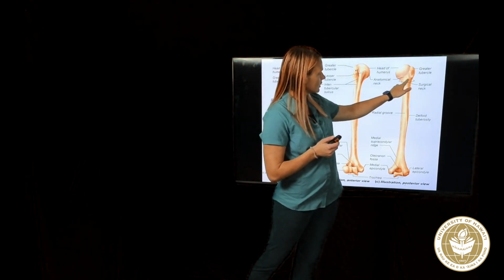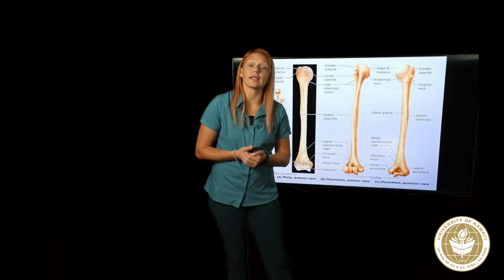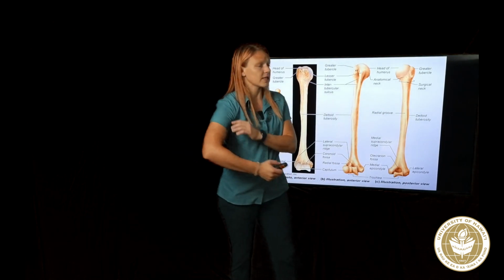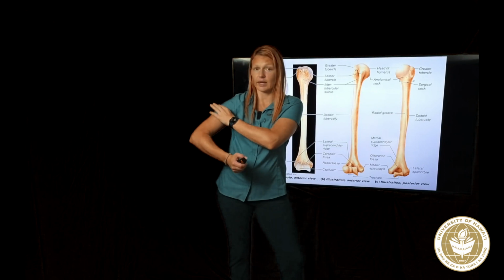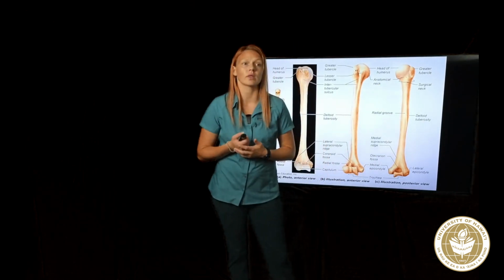So right here is your surgical neck. And that surgical neck is actually pretty fragile, and it's a most likely area of fracture. So if you fracture your humerus bone, the most likely area that happens is right in this region, right below that head of the humerus.